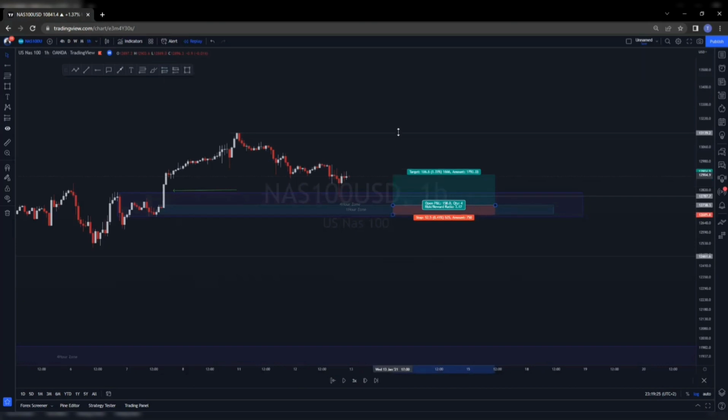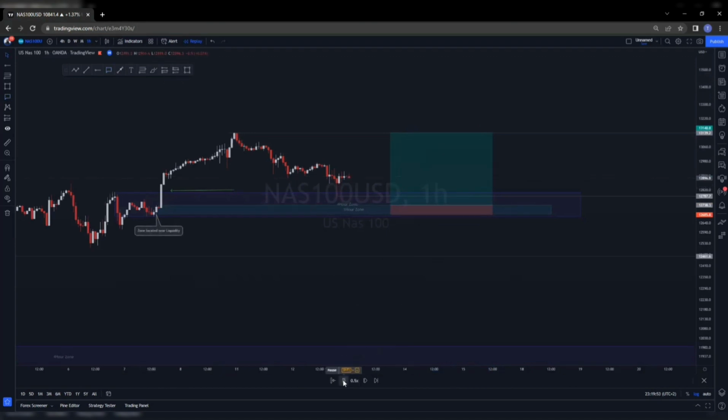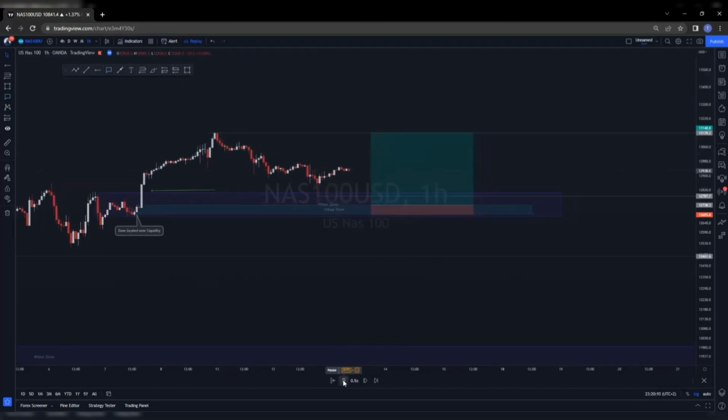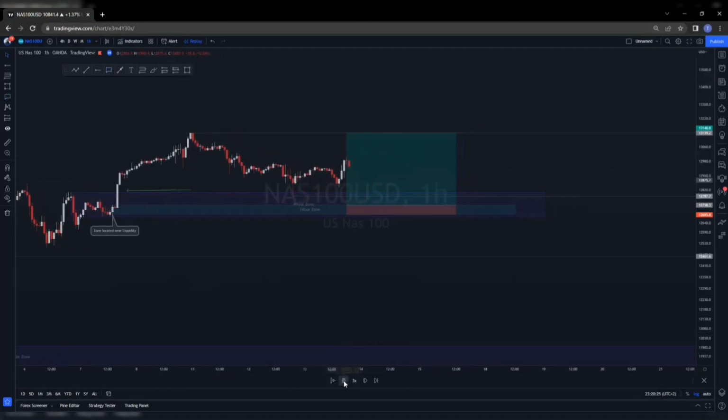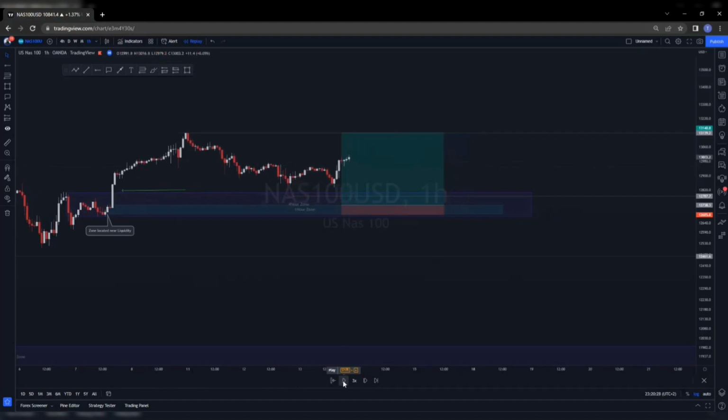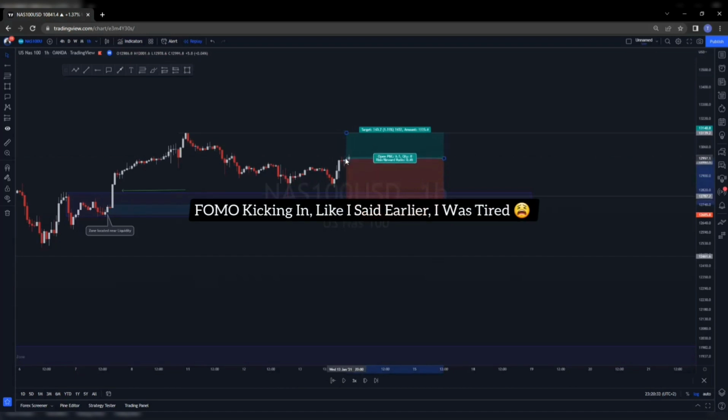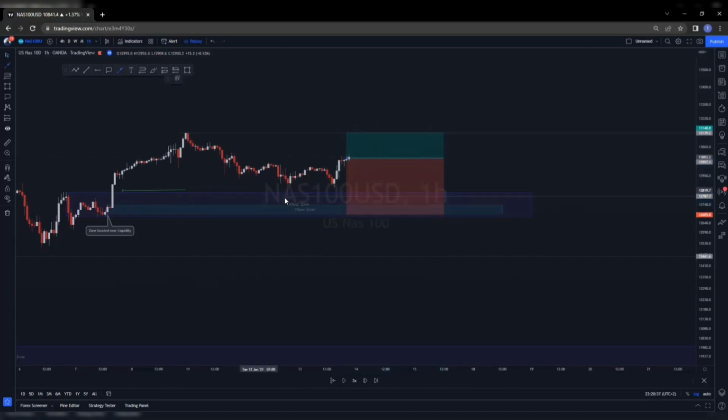The zone is a low probability zone because it's located near liquidity. We weren't going to catch that. Okay, I can buy here. Why am I saying I can buy here? Because we have a failure swing and a change of sentiment here.